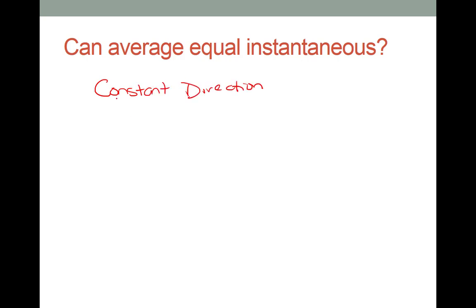The second thing you need is to be traveling at a constant speed. Why do I need these two pieces? Well, if I'm going in a constant direction, that means I'm not changing direction at all, so I'm traveling in a straight line. And by traveling at a constant speed, I'm keeping the rate of that travel the same.